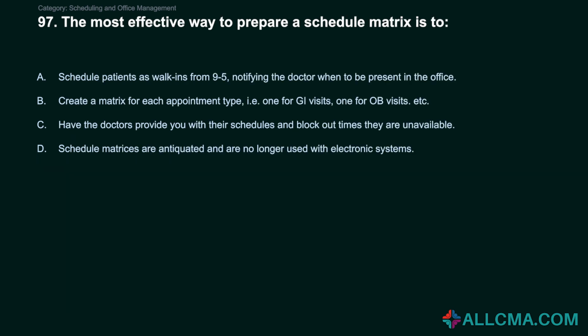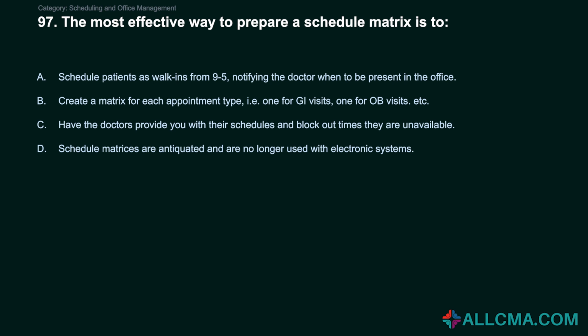97. The most effective way to prepare a schedule matrix is to: A. Schedule patients as walk-ins from 9 to 5, notifying the doctor when to be present in the office. B. Create a matrix for each appointment type, e.g., one for GA visits, one for OB visits, etc. C. Have the doctors provide you with their schedules and block out times they are unavailable.